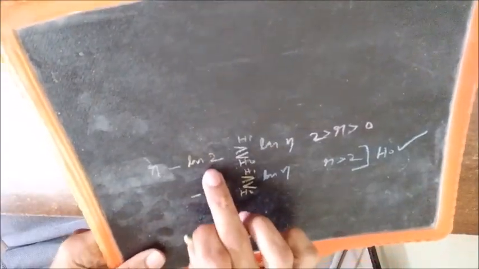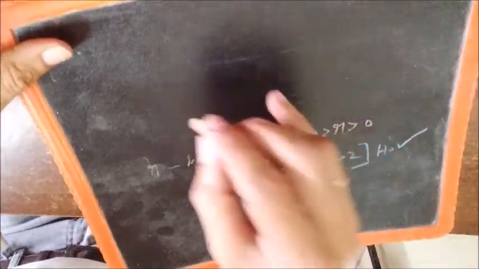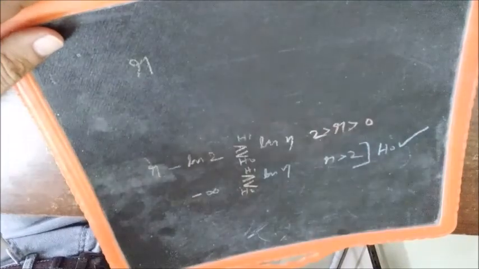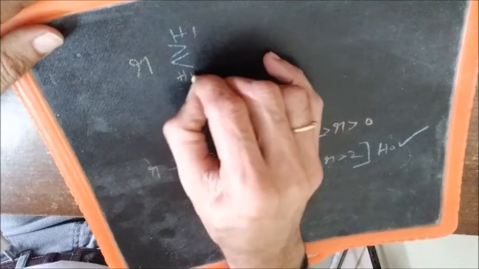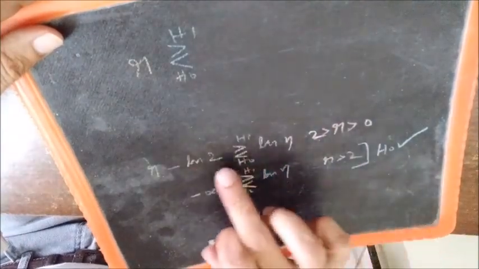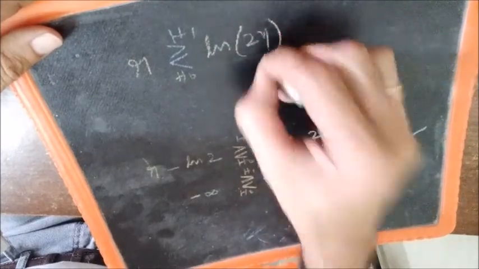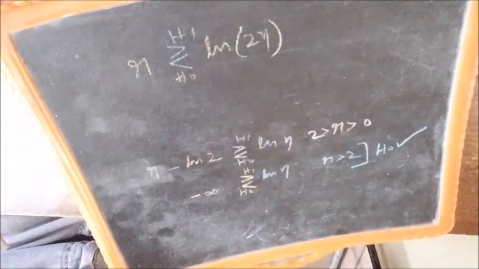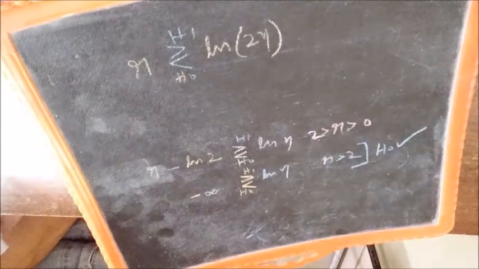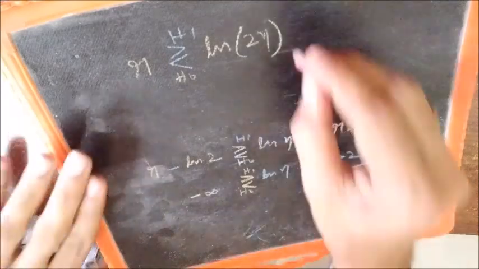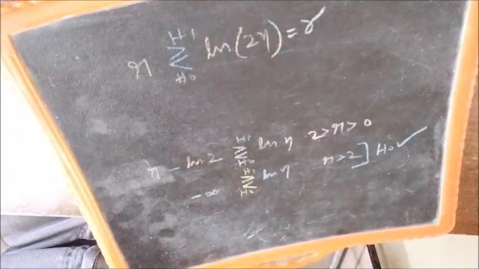Now here we can manipulate it. We can have only r on the left hand side. We can write it like this: r. You take it over to the right hand side and you will get natural log 2 eta, because you will have ln eta plus ln 2, which is ln 2 eta, and this becomes gamma, the threshold.